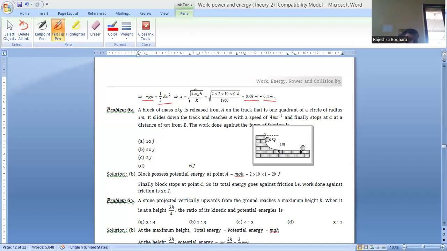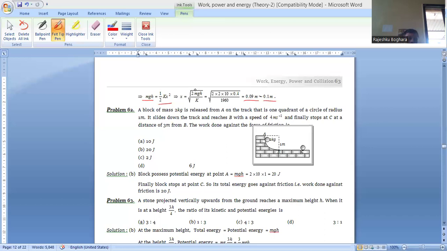We studied in standard 9 that the power of a body is defined as the rate at which the body can do work. If the work is done in less time then power is high; if it takes more time, then power is less. That means work per unit time is called power.